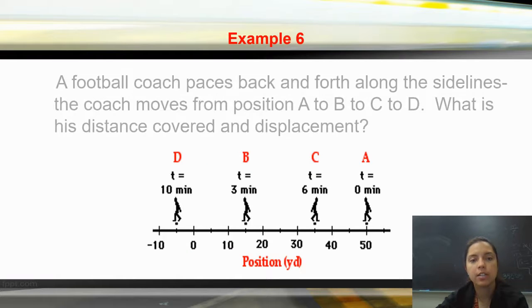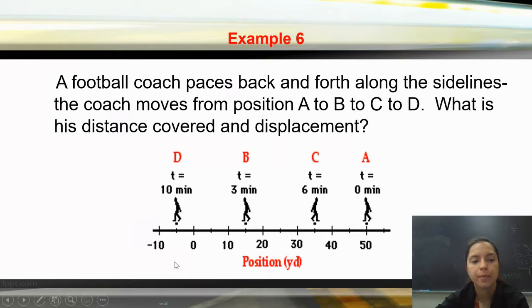Now this one's a little bit tricky, but I'm gonna explain it to you. So the football coach paces back and forth along the sideline. The coach moves from position A to B, then from C to D. So here's position A, right?